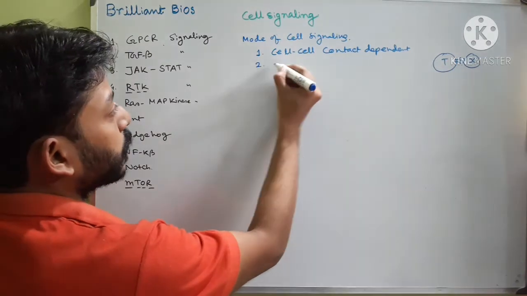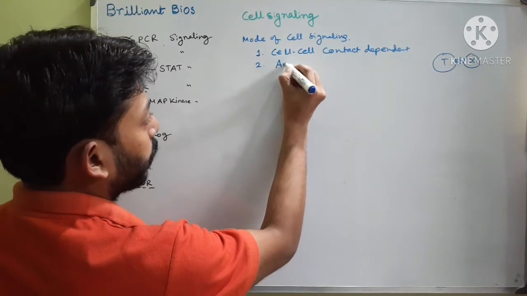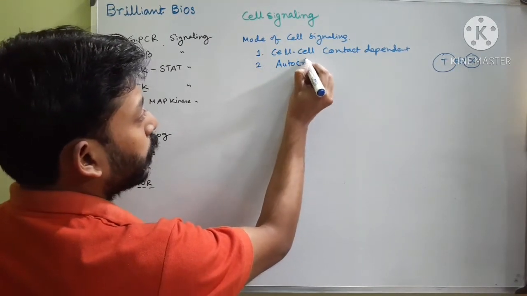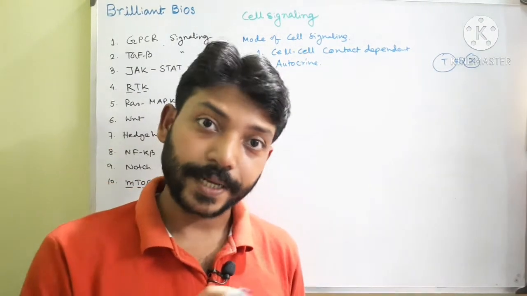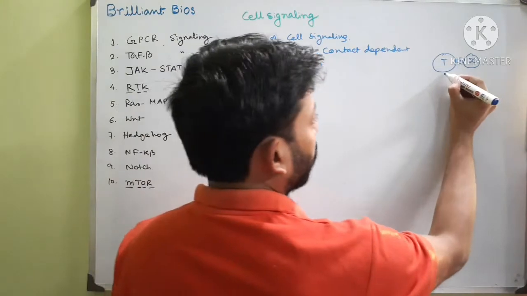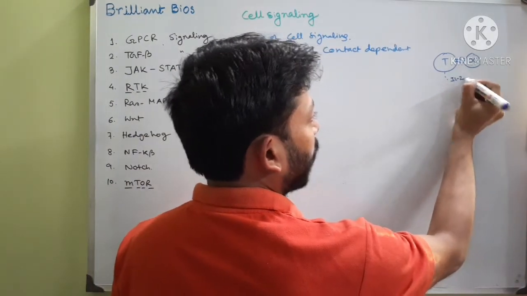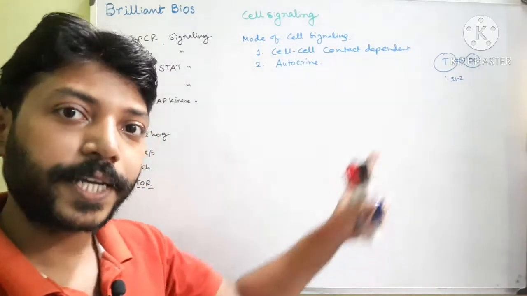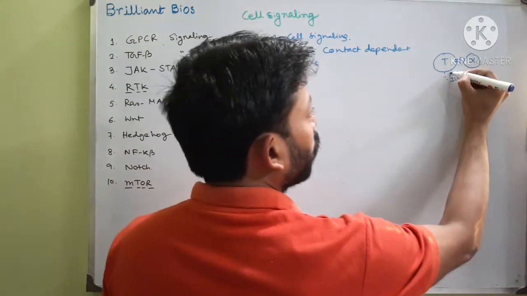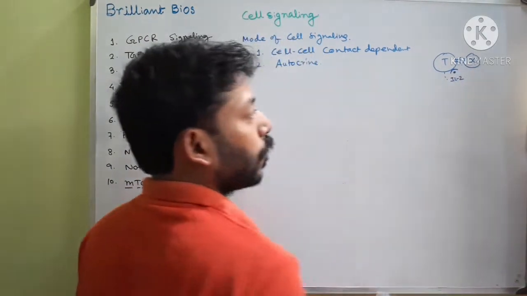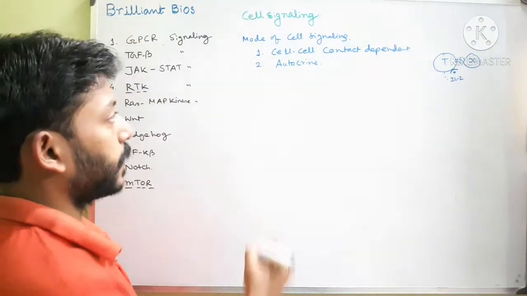The second mode is called autocrine, in which a cell secretes a molecule that is received by that same cell. Let's suppose that T cells secrete IL-2 for their proliferation. When activated, they secrete a cytokine called IL-2. They receive the IL-2 on those cells also. So this is called the autocrine manner of cell signaling.